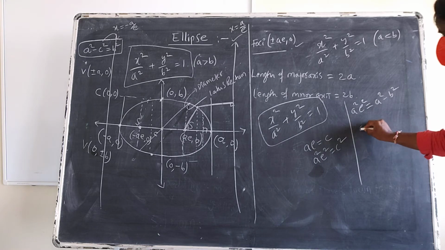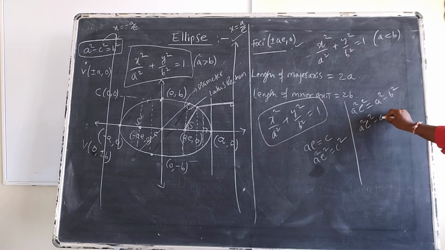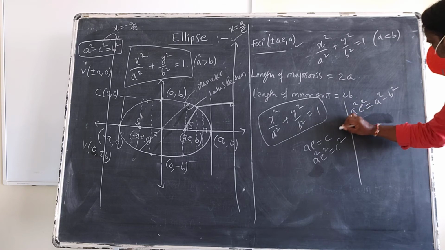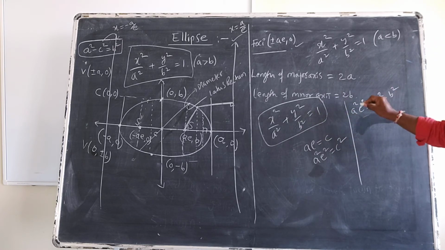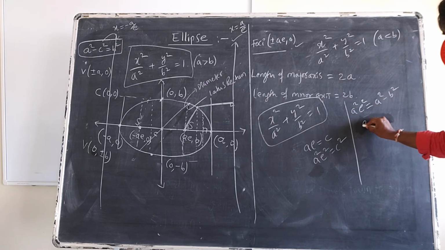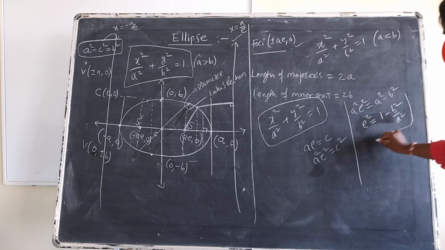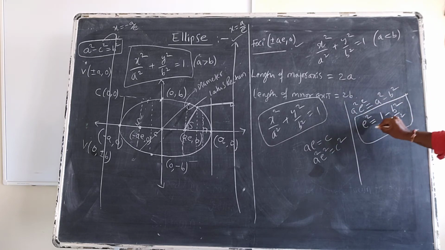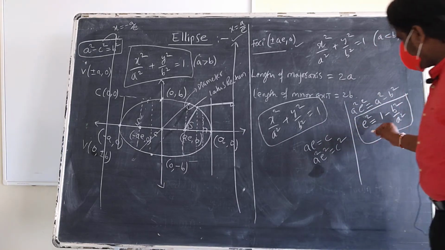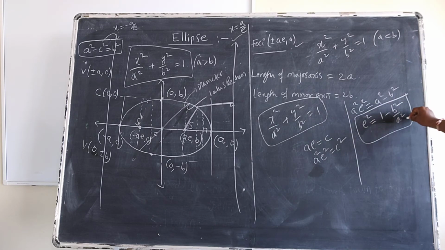So a square e square is equal to a square minus b square. If I divide by a square on both sides, what do I get? e square is equal to 1 minus b square by a square. So this is the eccentricity of the ellipse. What is the value of eccentricity? e square is equal to 1 minus b square by a square.